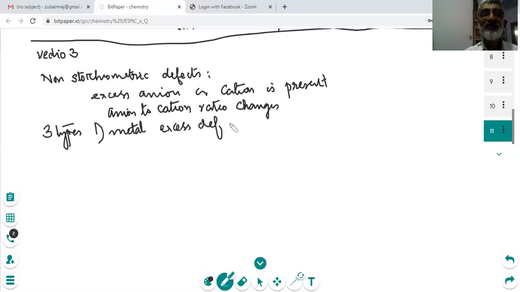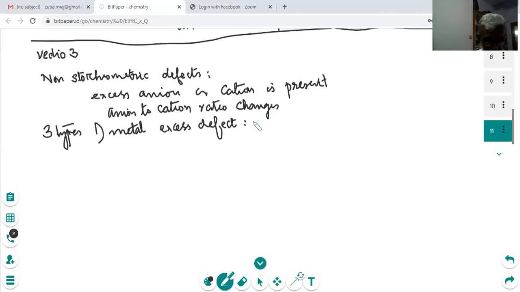As the name itself indicates, you have excess metal ions. This can be due to the presence of an excess number of metal ions, or due to a deficiency of non-metal anions.